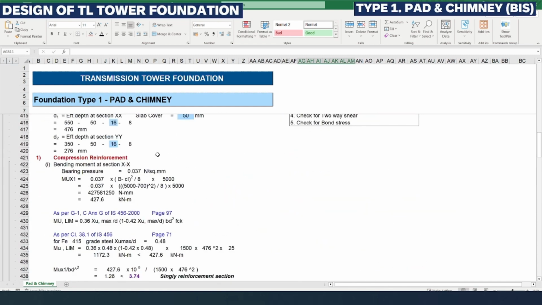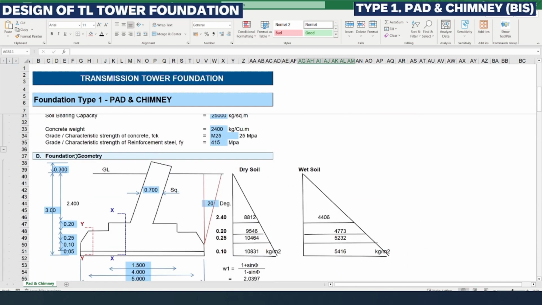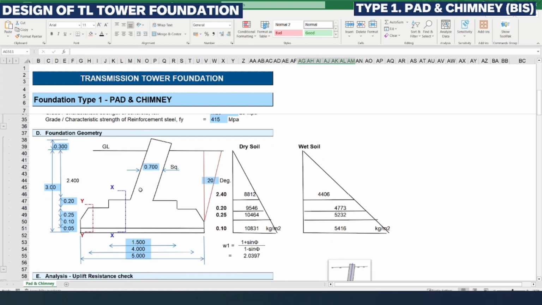You can see that in the foundation geometry. We are considering this shape at XX, including the base slab, and in the second section we are considering the base slab including the top tapered level down to the bottom base level. This is Y and this is X. So for these two sections we are going to check both the one-way shear and the two-way shear, that is punching shear.